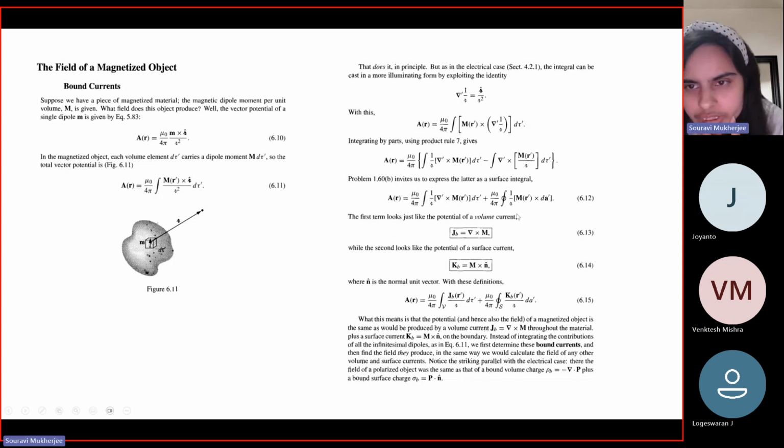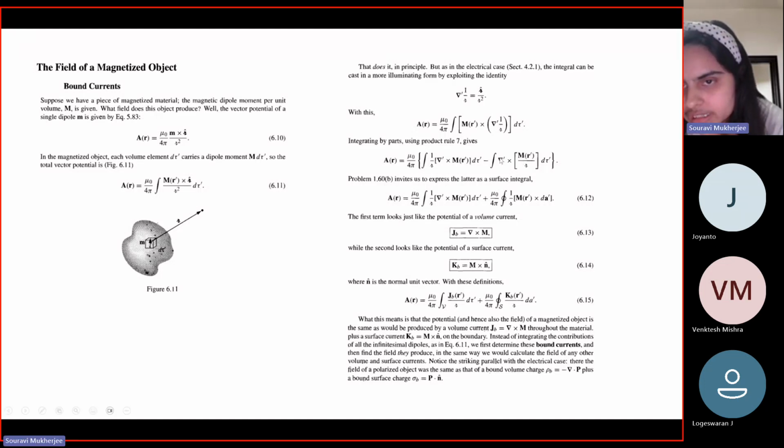One second. So here you have curl of, using product rule 7, which gives a minus sign in between the expression. Right, and in equation 6.12 we get a plus sign. But you can see the order of your cross product has changed, right?